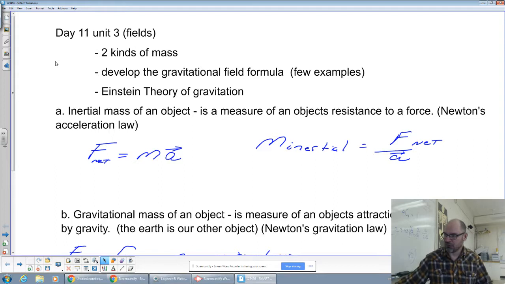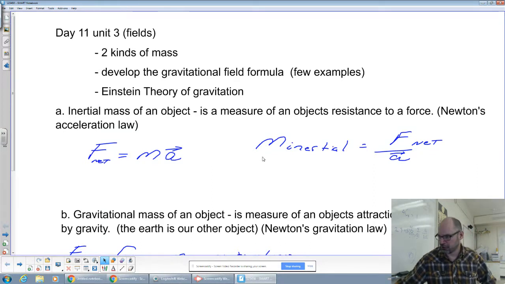When I talk about the inertial mass of an object, that is a measurement of the object's resistance to force. Remember that according to Newton's laws of force, net force is equal to mass times acceleration.